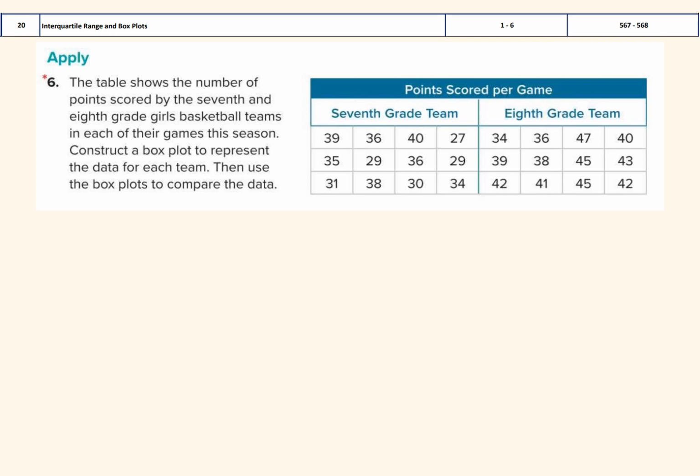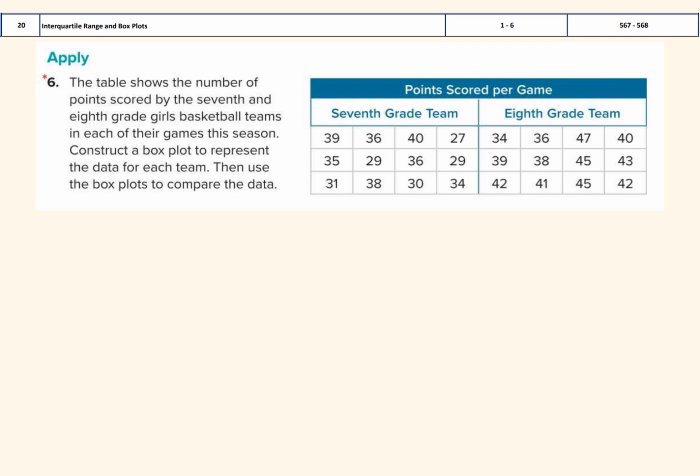So that question is considered to be lengthy somehow, but if you write well-organized details, it will be very easy. So as you see here, we have two teams, 7th grade team and 8th grade team. First, I'll be ordering or arranging the data from smallest to greatest for each team. So I'll be writing two lists for each team.